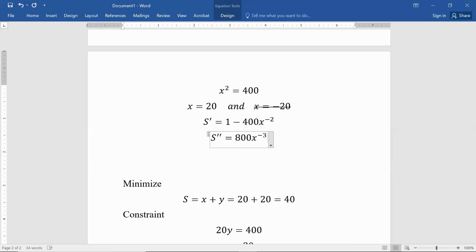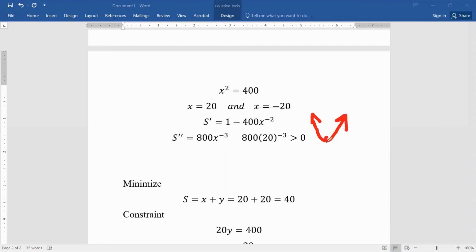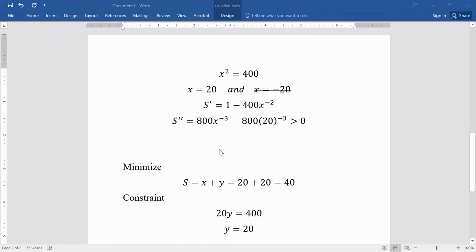If you plug in 20, 800 times 20 to the negative 3 power, it gives you a positive number. And we know that a positive number means that we're concave up at that value of x. And so we have a minimum value. That's how this works. Concave up, therefore, we know we have a minimum value.